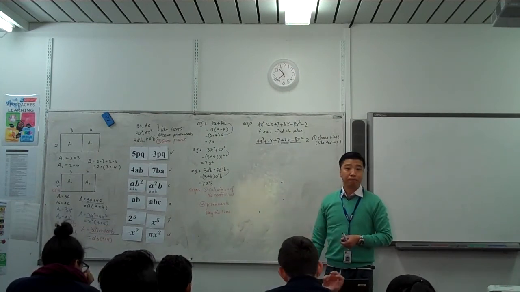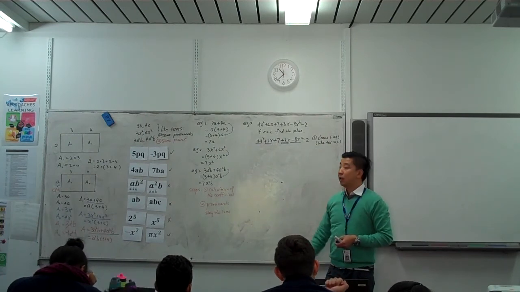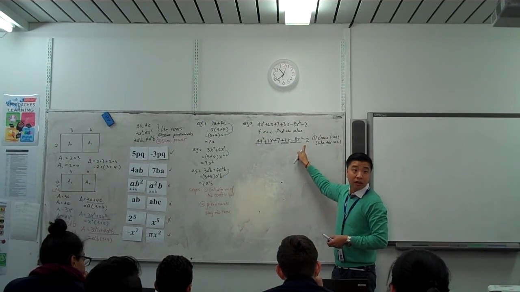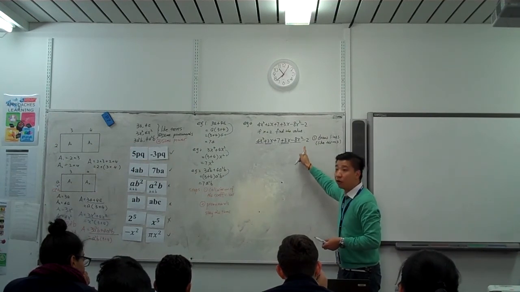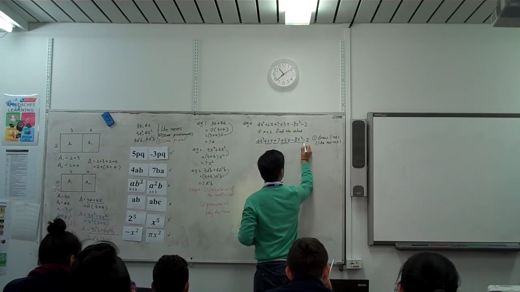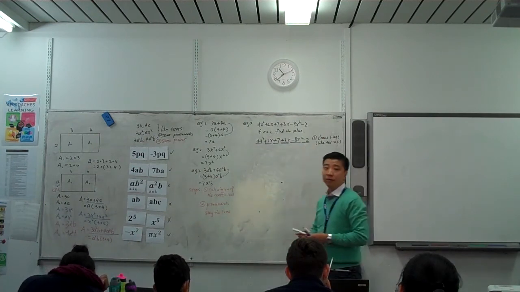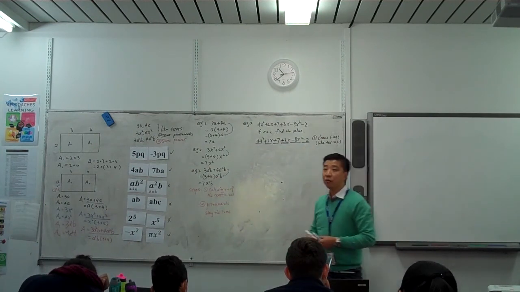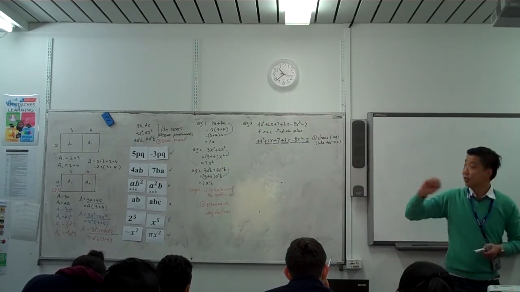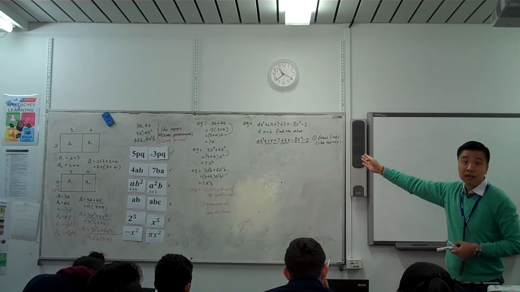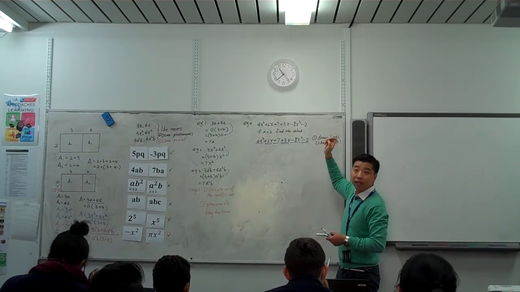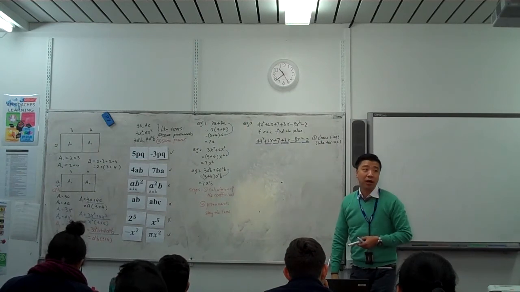How about the last ones? What are they called? Constant terms. Very good. What are the constant terms? The ones that don't have a friend. So that is 7 and negative 2. Very good. This is what I want.